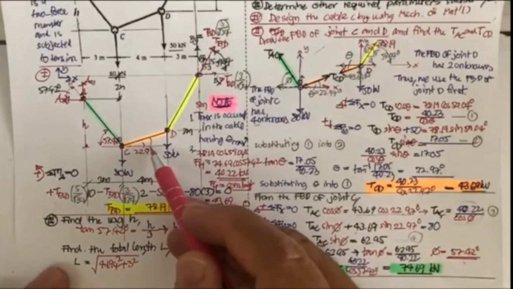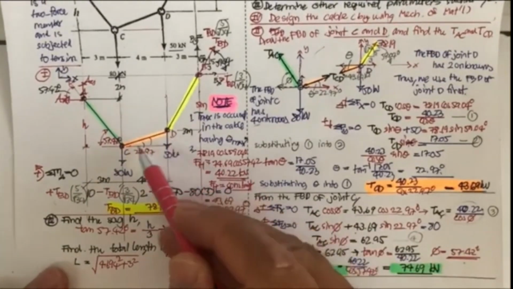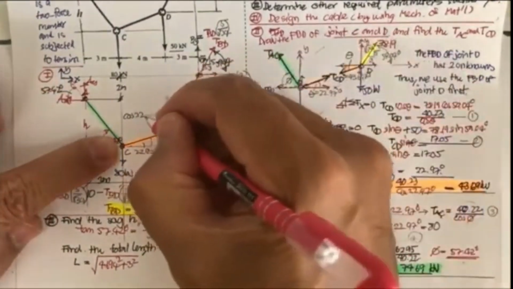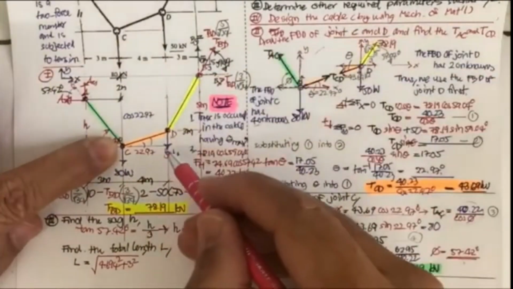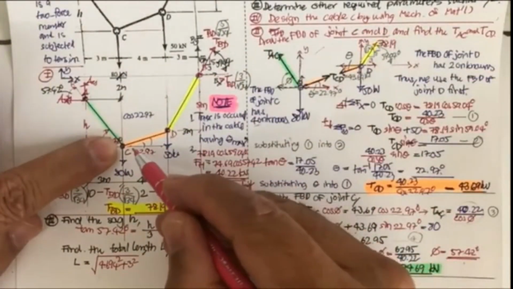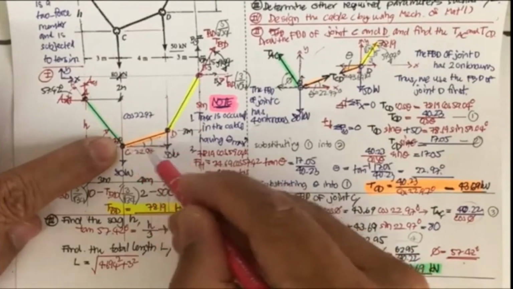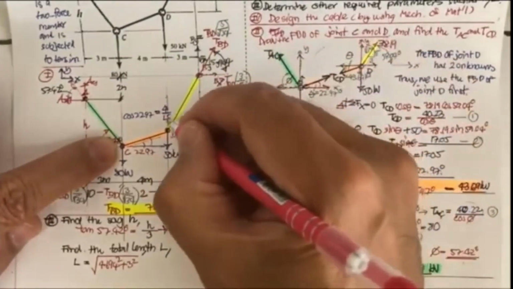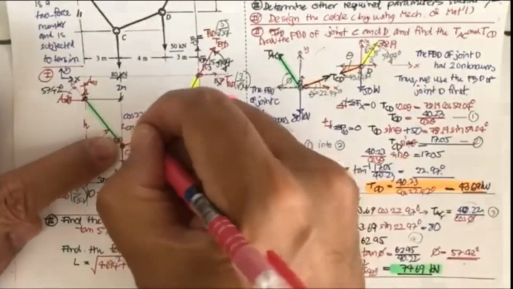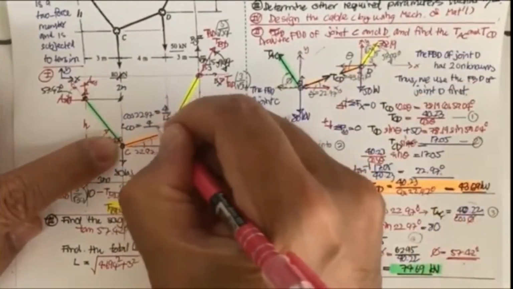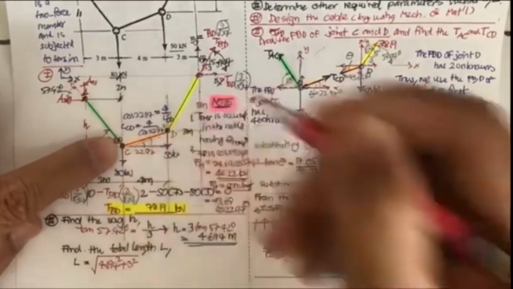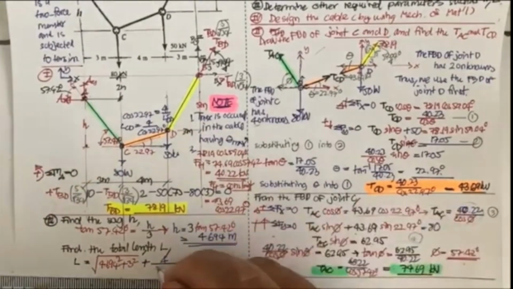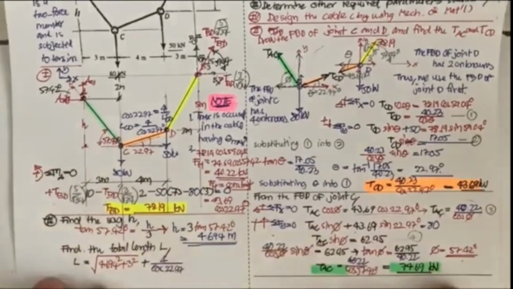For the orange, we don't know this one yet. We know this is 4. And if you take the cosine of 22.97, it is going to be 4 divided by L. So your L is going to be 4 divided by cosine 22.97, plus 4 divided by cosine 22.97 degree.